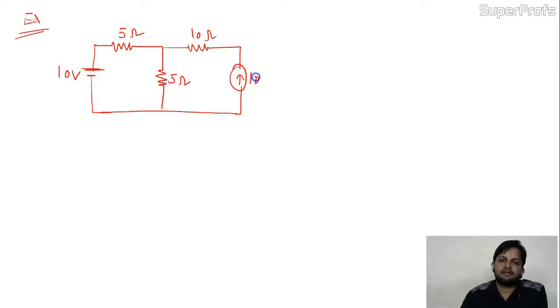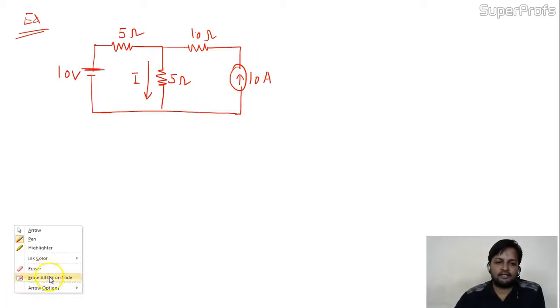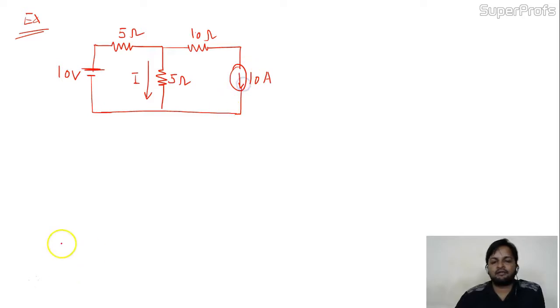Current source 10 ampere, and my task is to find this current I. And the direction of this current I'm changing. I'm taking the opposite direction. For better clarification, I'm taking this current to this side. By SPT we have to find I.